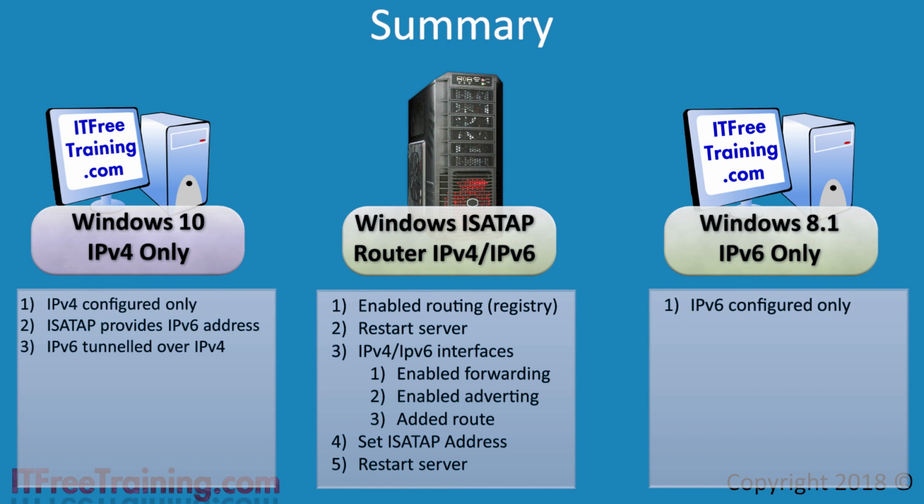After this, a route is added so traffic will be transferred across the network correctly, and also so that nodes on those networks will know which network prefix to use. Next, the router needs to be configured with the IP address that it should listen on for ISATAP requests. Lastly, the server needs to restart.